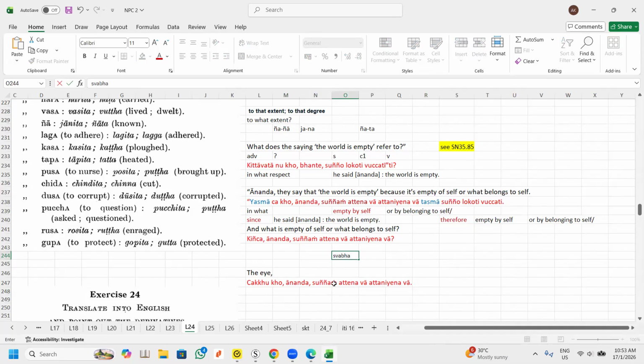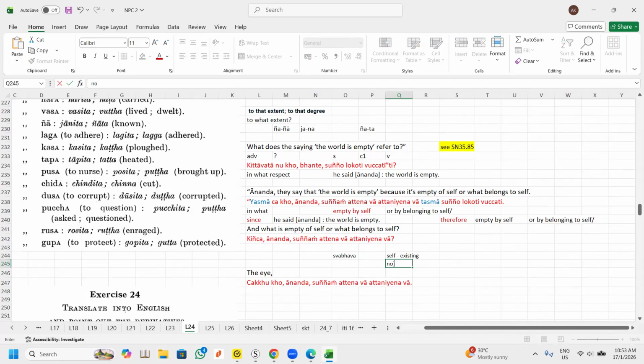Svabhava, so Sanskrit bhava. Svabhava: sva becomes self, like svagata, svagato. Bhava means self-existing, that means there is no core.